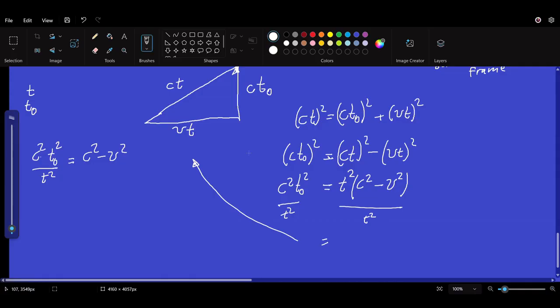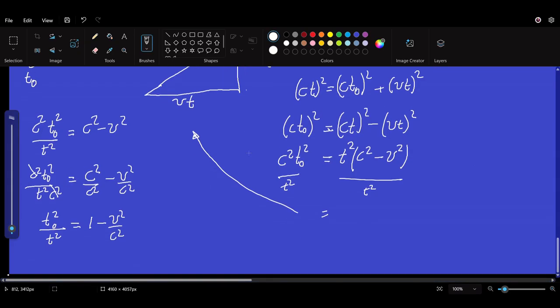So let's remove c squared from this side by dividing both sides by c squared. If we divide this by c squared, we're also obliged to divide this by c squared and divide this by c squared. What we do on the left, we do on the right. As a result, this cancels out, and then we have t naught squared over t squared will be equal to, so c squared over c squared will be equal to 1 minus v squared over c squared.